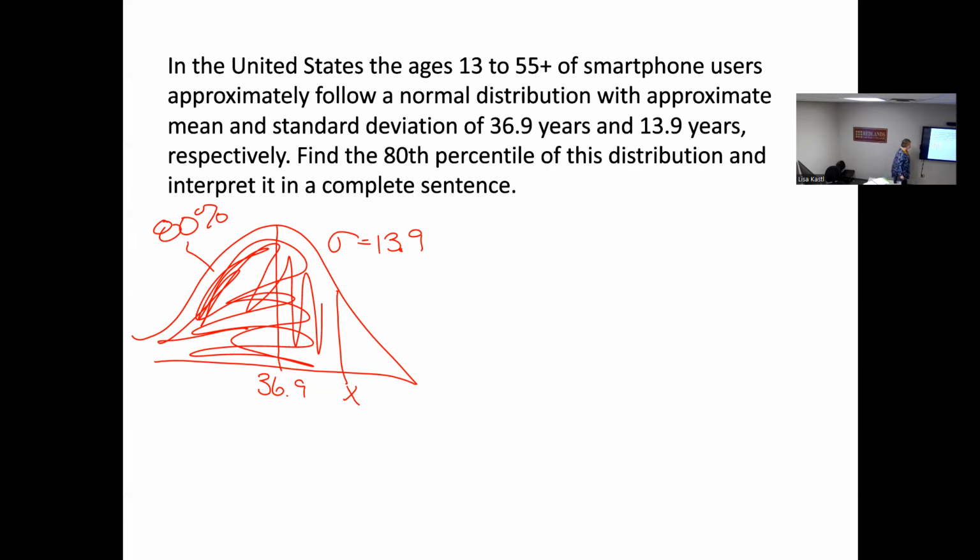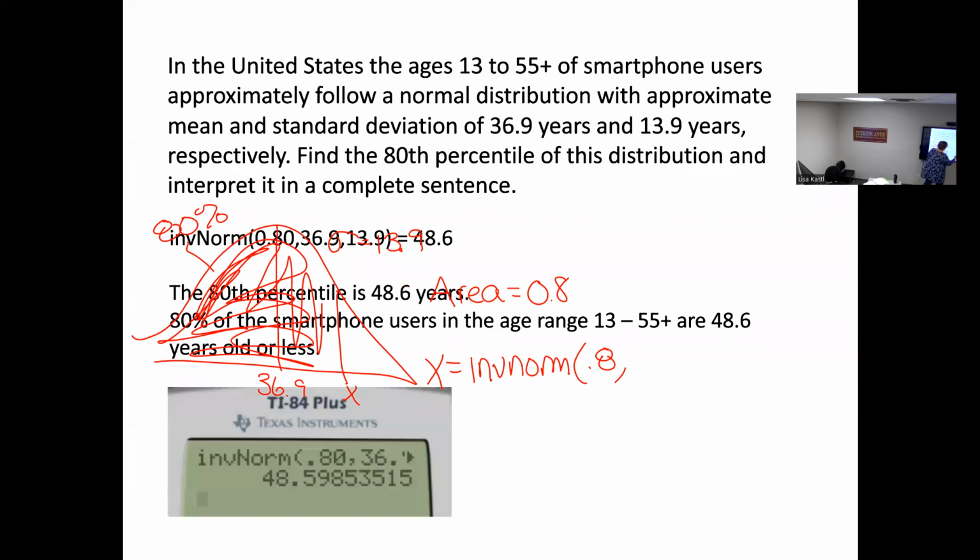So the area is 0.8. Our mean is 36.9 and our standard deviation is 13.9. So inverse normal, 0.8, 36.9, 13.9. So approximately 48.5.